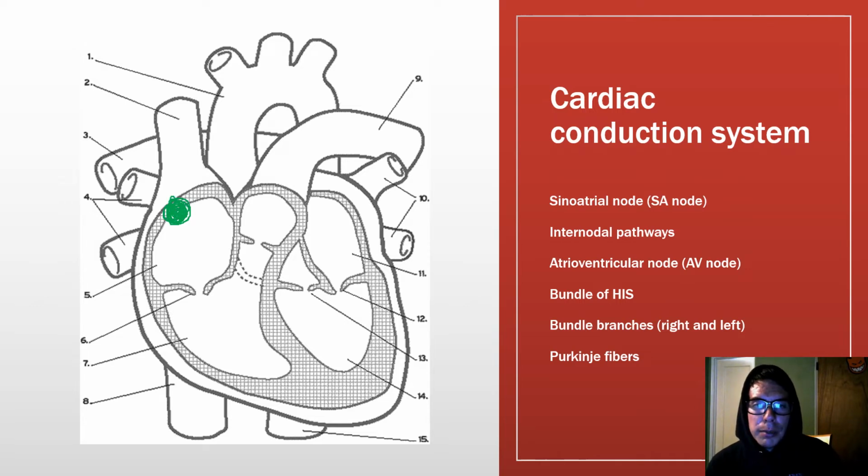I'm going to just number this instead of trying to write out the whole word, because with my little mouse pad it's a little hard. This, number 1, would be the sinoatrial node, or the SA node. It's commonly referred to as the sinus node, sinoatrial node, or SA node, usually SA node.